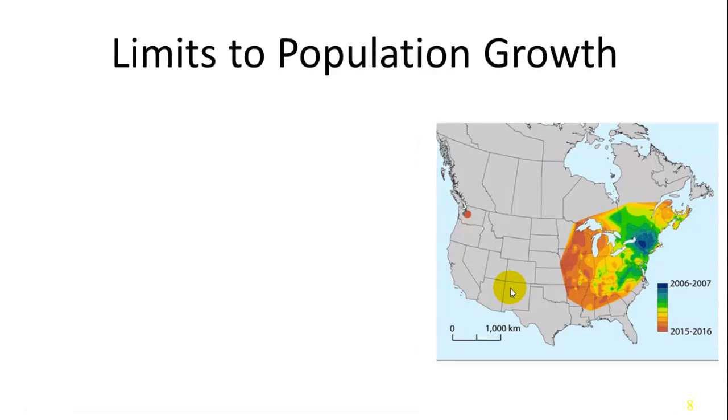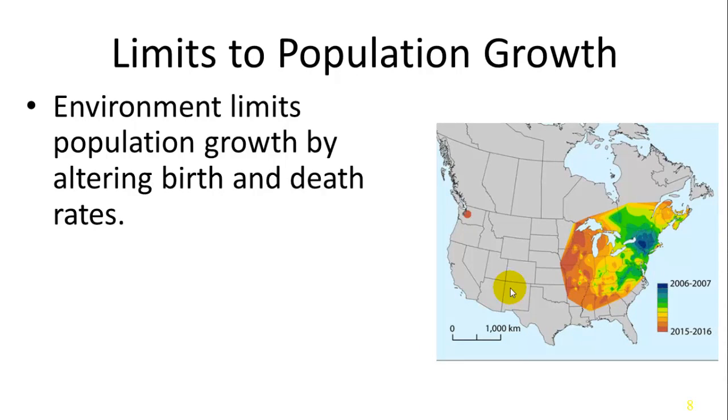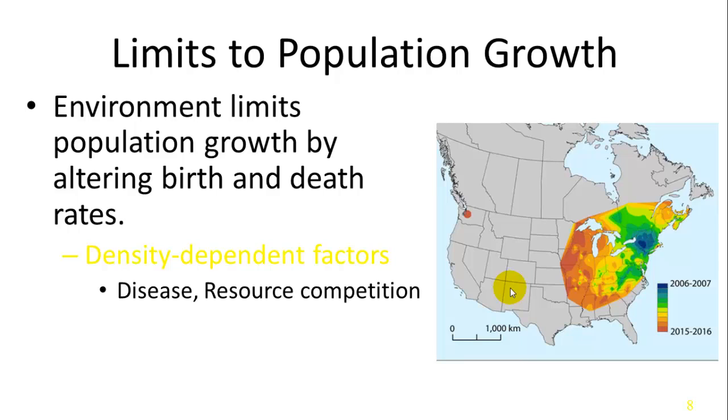Limits to population growth include environmental limits, and the environment is composed of abiotic and biotic factors. There are density-dependent factors, which usually include things like disease or competition among other living organisms. An example is white nose syndrome in bats, which has been a very limiting density-dependent factor.